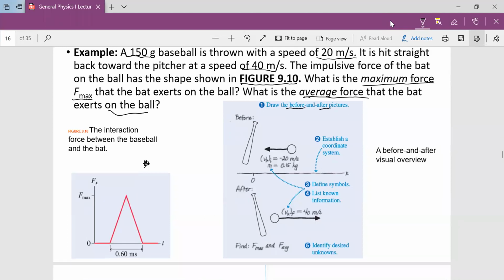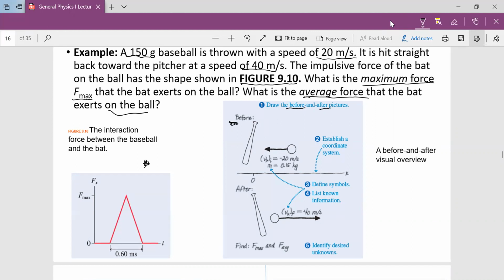So we'll have the before picture here. The ball was thrown at the speed. Now, in the question, it was not exactly specified whether the ball was thrown in the positive or negative S direction. So we are going to assume that the ball was thrown in the negative S direction, okay? And it was hit back towards the positive S direction.